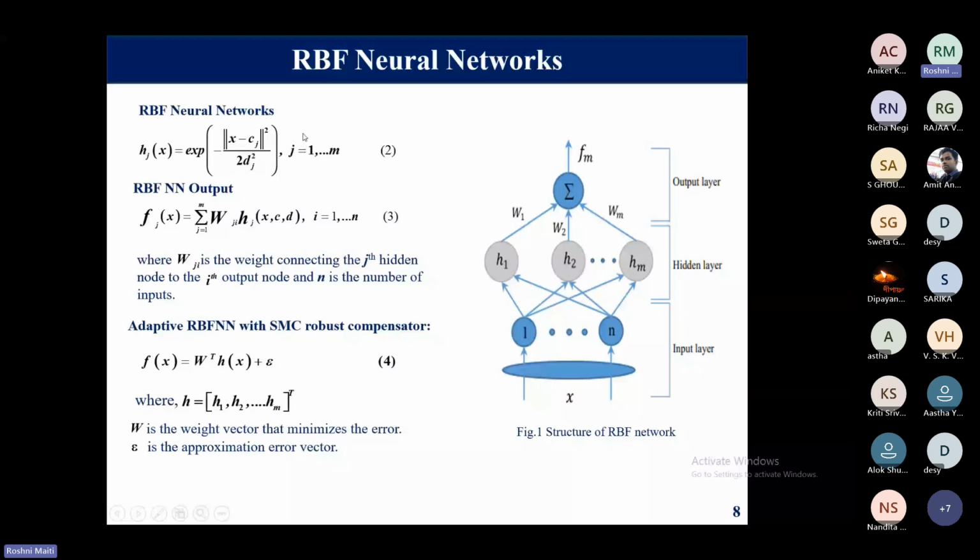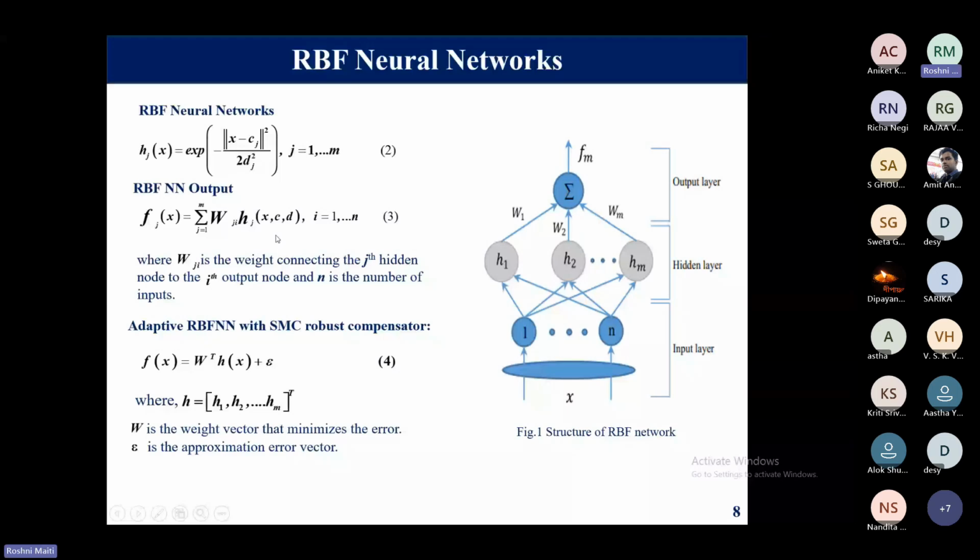Our aim is to obtain the ultimate output, and for this we have to change those weights. The RBF NN output is a function of the weighted sum of the activation functions. Overall, we can write this function as this.